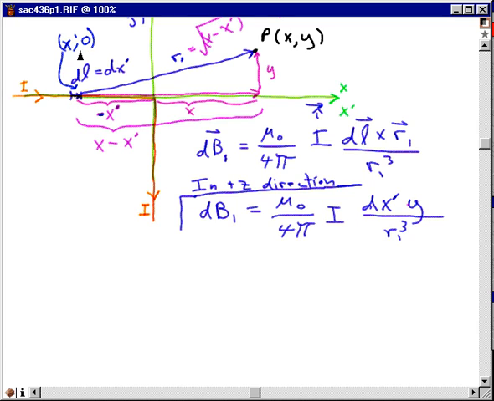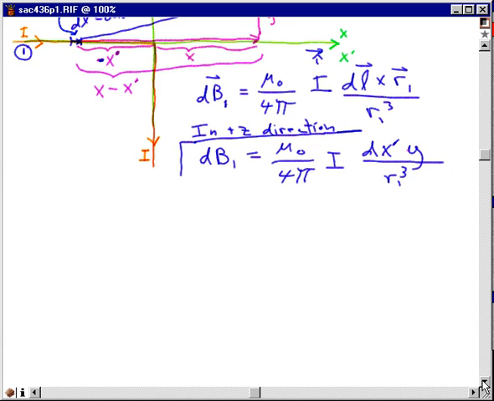Now if I add up all such contributions from all such little wire segments along this negative x-axis, I'm going to get the total contribution to the magnetic field at point P due to this entire wire, which I'm calling wire 1, the one that we're working on in part 1 of the problem.